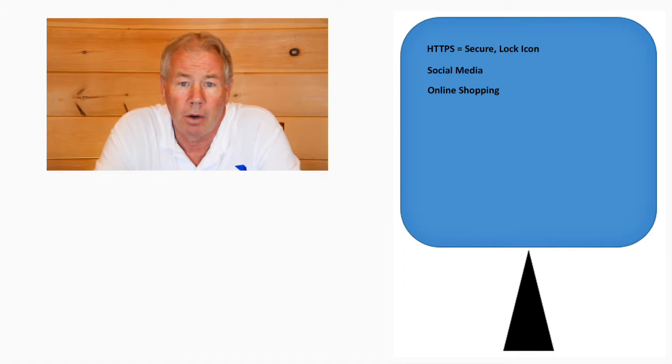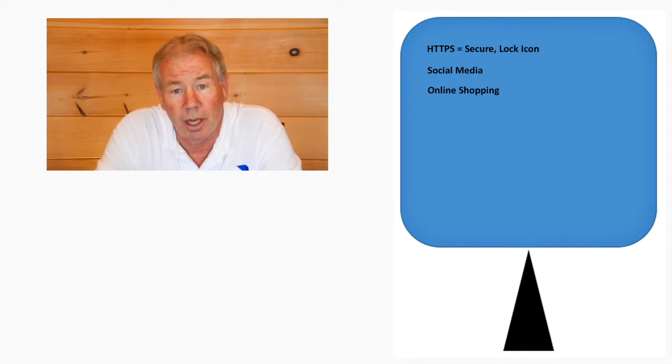Next, we learned about online shopping. My take on this is really pretty easy stuff as long as you stay to the secured sites. And remember, how do we identify secure sites? HTTPS and the little lock. Second, with respect to online shopping, stick with the major vendors.